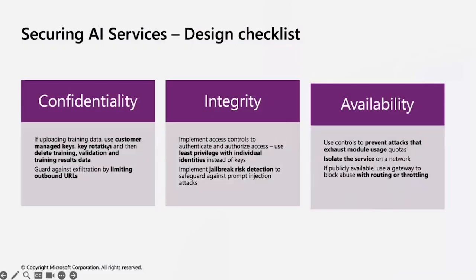So if you're uploading training data, use customer managed key rotations, and then delete training, validation, and training results data. Once your training data is used, you can remove it. Guard against exfiltration by limiting the outbound URLs. These are some considerations that we keep in mind while dealing with Azure OpenAI services.